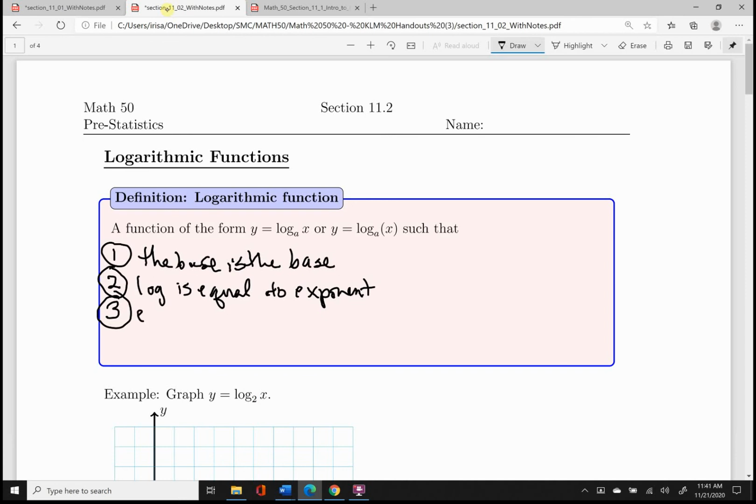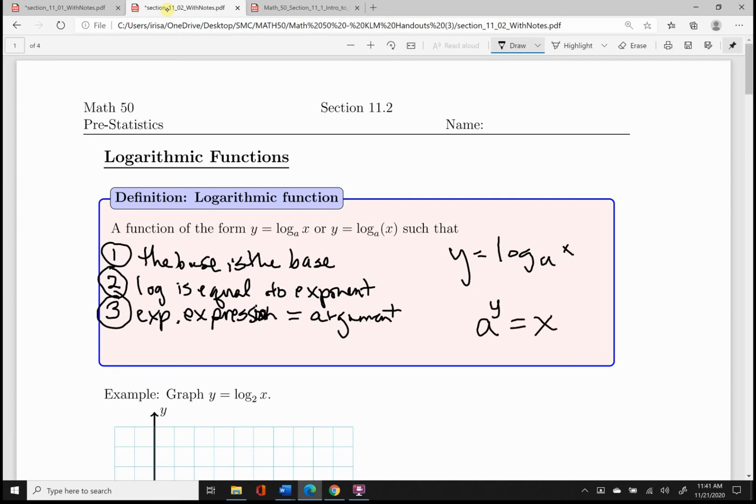So I'll say exponential expression is equal to the argument. Okay, so if we have y equals log base a of x, that's the same as a to the y power equals x.